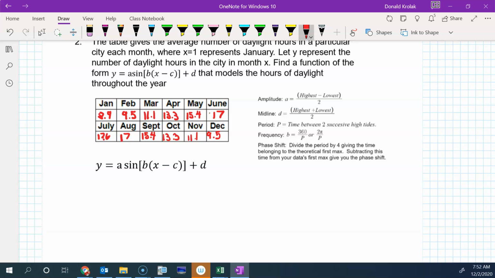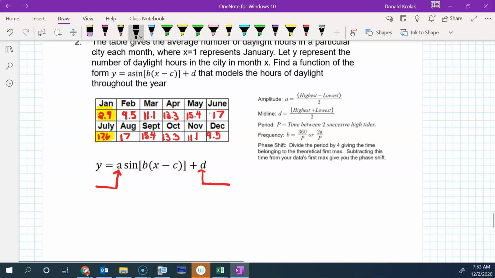Let's get your midline and your amplitude by finding the biggest and the smallest. Okay, so let's see. Largest 17. So for me it was July, and then the lowest looks like January.